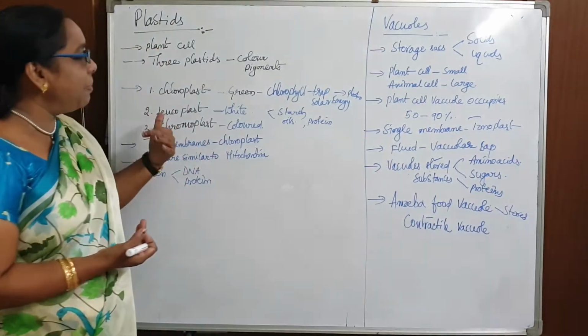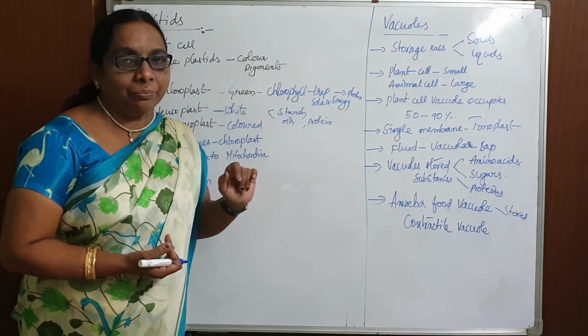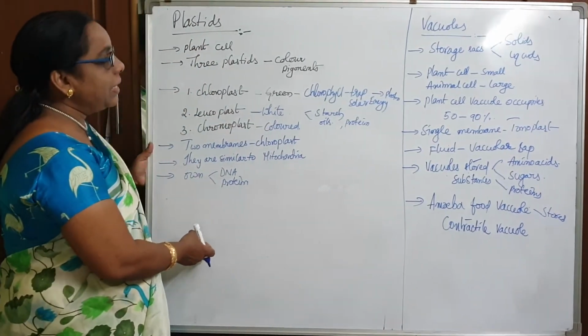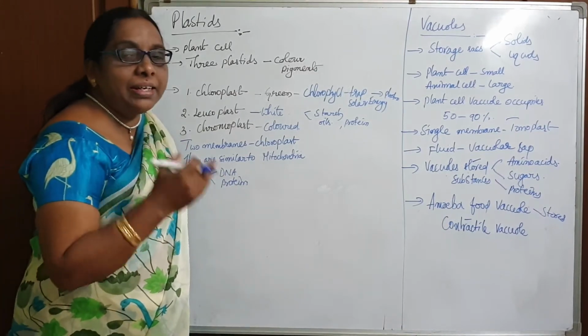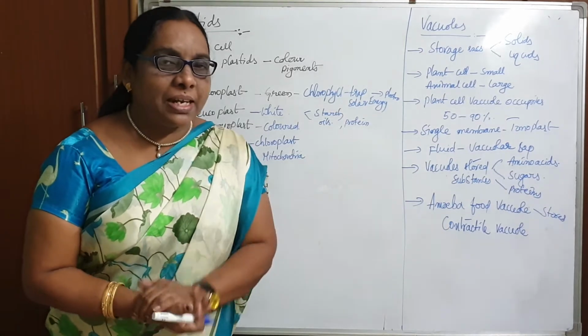The second pigment is called leucoplast. The leucoplasts are white in color. Where are they present? Chloroplasts are in the leaves, I said.